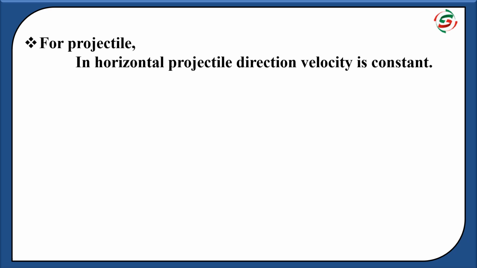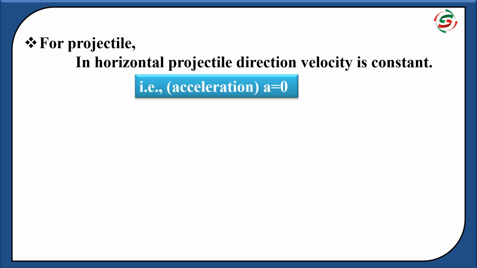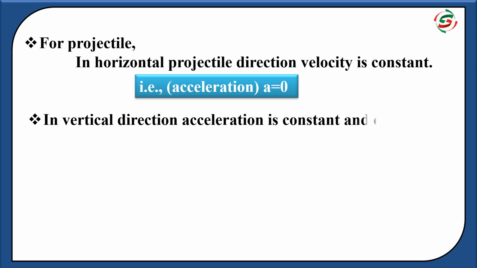In horizontal direction, velocity is constant, that is, acceleration is equal to 0. In vertical direction, acceleration is constant and equal to acceleration due to gravity g, that is, a is equal to minus g.